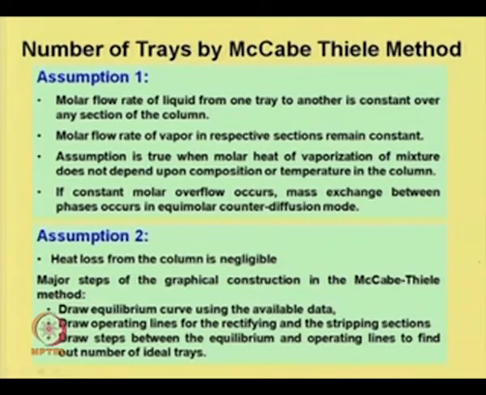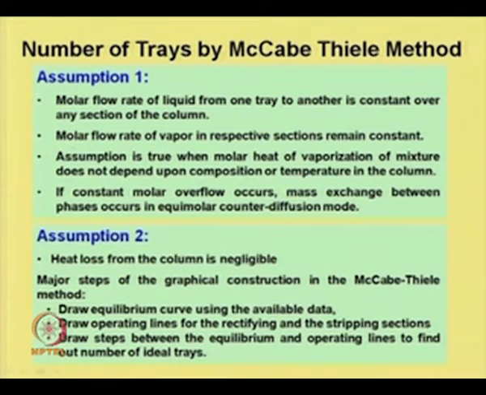Well, now we will discuss the number of trays required for a given separation by the McCabe-Thiele method. The important assumptions taken in the McCabe-Thiele method are two. One is that the molar flow rate of the liquid from one tray to another is constant over any section of the column.